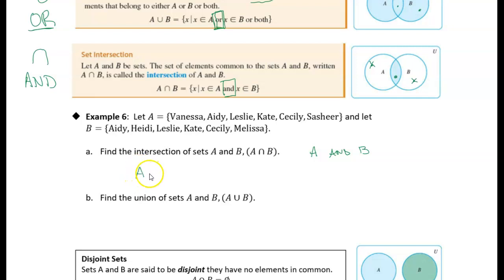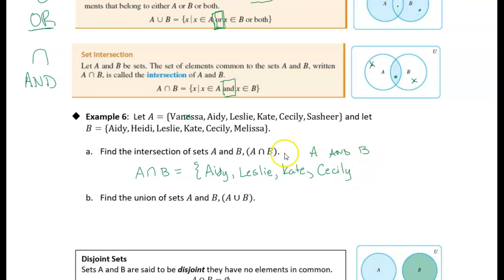I'm going to write A intersection B equals, in roster notation. Vanessa, nope. Adi is part of A and part of B, so she goes in the intersection. Leslie's in both, that's great. Kate, yep, she's in both. How about Cecily? Yep, Cecily's there. Sashir? Nope, she's only in set A.